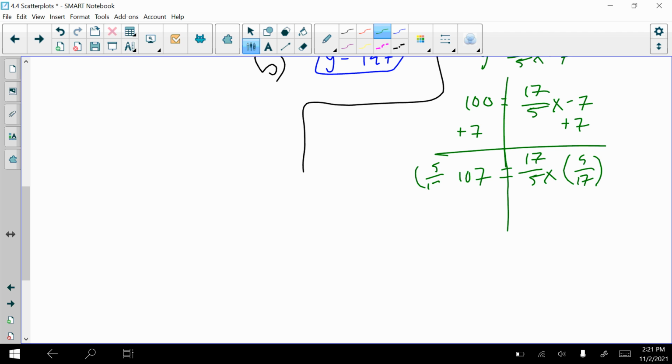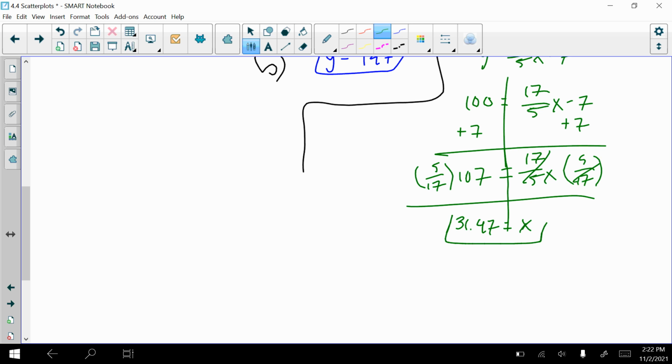So now I'm going to do 5 over 17 times 107. So on my calculator, I'm going to do 5 divided by 17. Multiply that by 107. Gets me about 31.47. And over here, that's just going to cancel, and I get x.